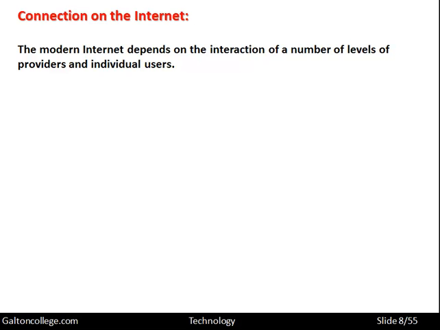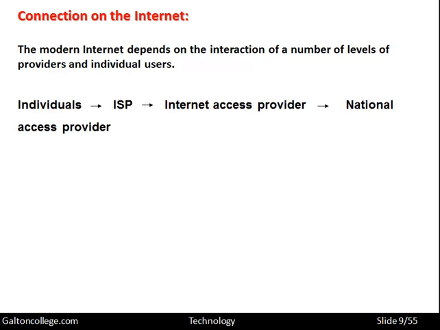So therefore, we have improvements. So on the one hand we have improvements, on the other hand we have a larger user base. So overall we hope that we have a better service.